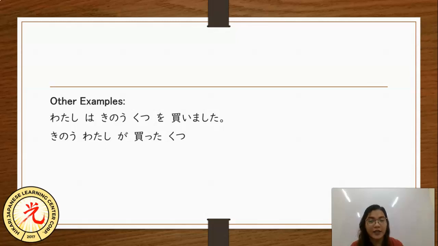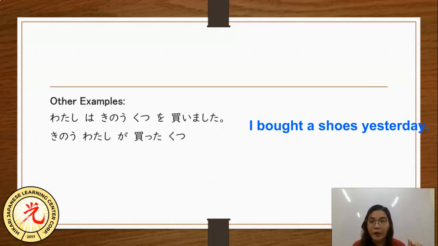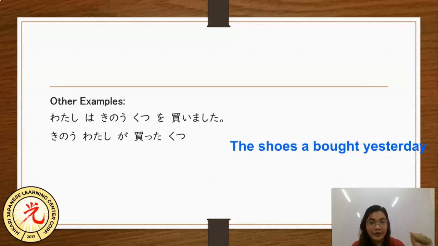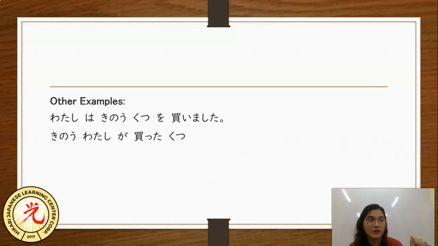Okay? Naintindihan ba? First sentence, watashi wa kinou kutsu o kaimashita. So, nagiging complete sentence siya. Meaning, bumili ako ng sapatos kahapon. While on the second sentence, kinou watashi ga katta kutsu. Ang sapatos na binili ko kahapon. So, nagiging subject mo na siya or nagiging buong noun na siya.